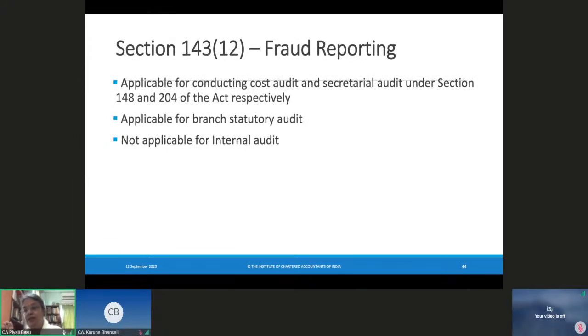That includes an Indian company or a foreign company, whatever the case may be. But in case the fraud has been committed by the employees or the officers of the holding company, then it will be reported by the principal auditor. It has to be reported.